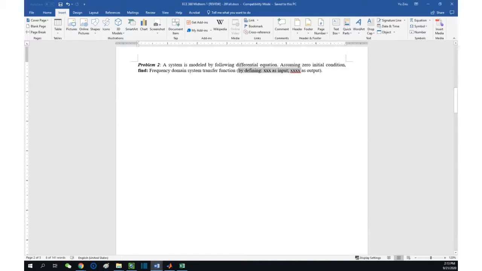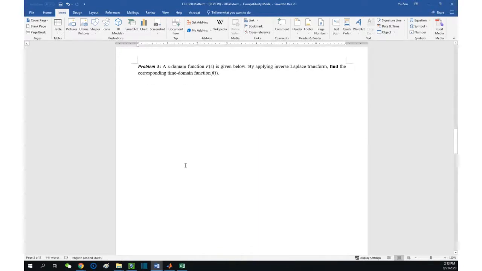And the next problem is problem 3. It's the other way around, right? Given an S domain function, capital F of S, apply the inverse Laplace transform to find the corresponding time domain function, f of t.